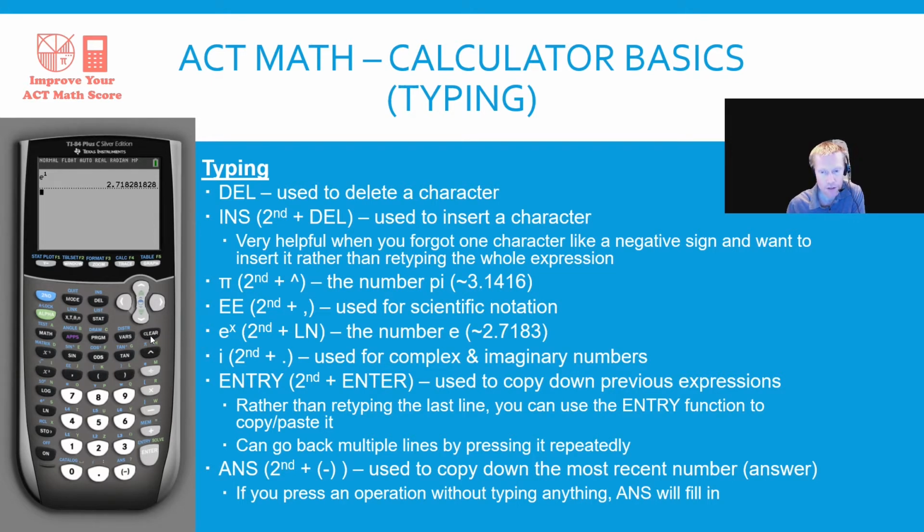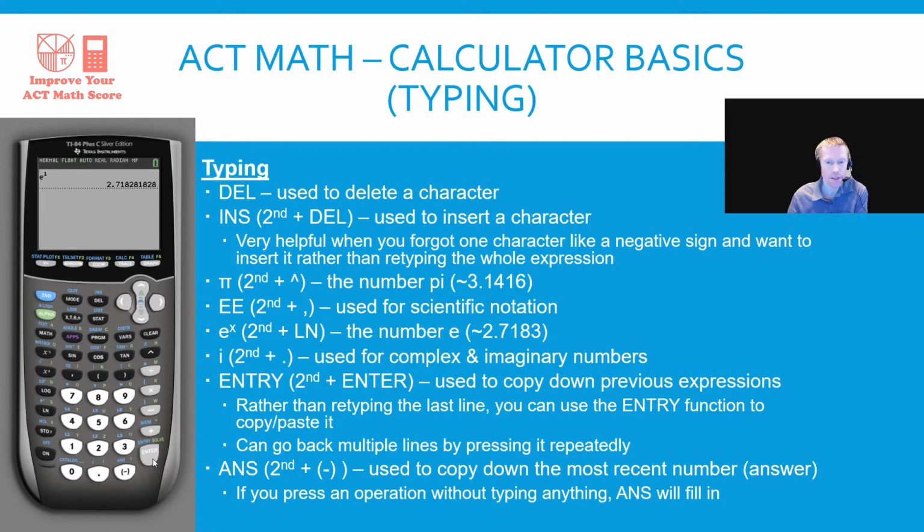Now, I mentioned this function earlier. It's called entry, and the way you get it is you hit the second button, and then enter. What this does is it copies down previous expressions that you've typed in on the calculator. It will not only do the last line, it'll go back basically as far as whatever's stored in the memory.